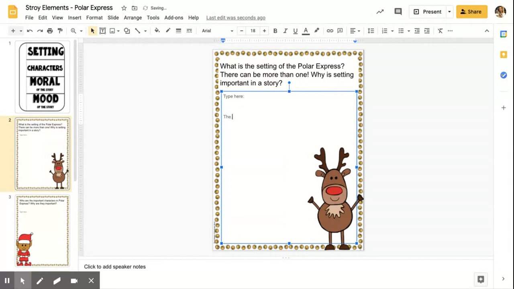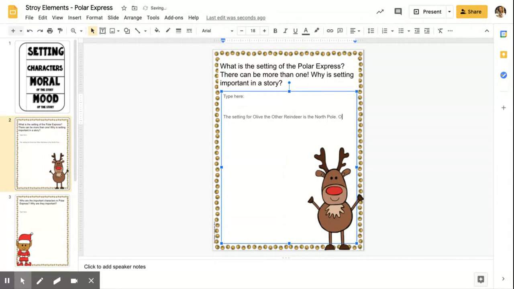So I would say, I'm going to restate my question. The setting for All of the Other Reindeer, I'm going to say is the North Pole, even though they travel all over the world throughout the story. So remember, we know that setting is where the story takes place, is the North Pole.